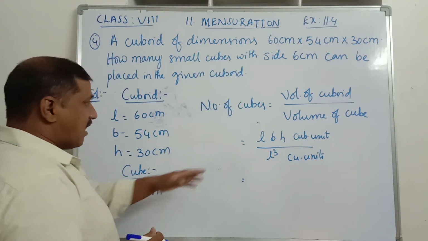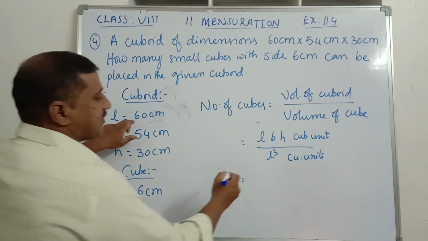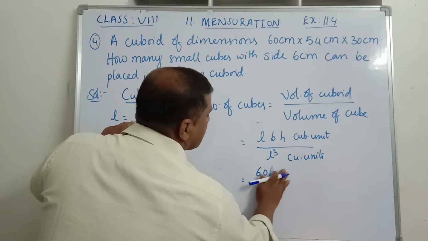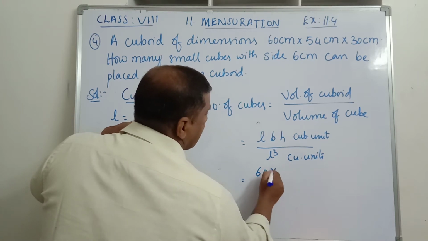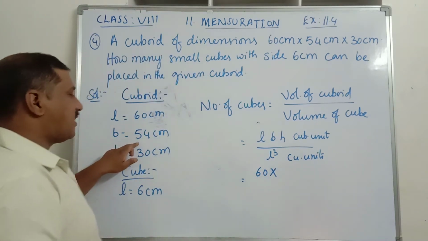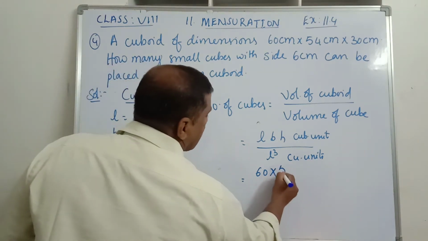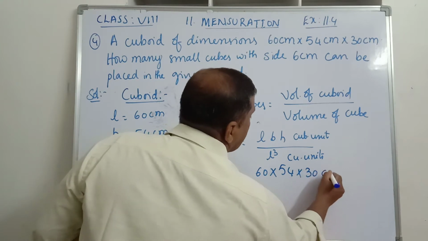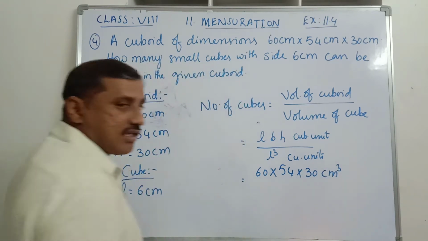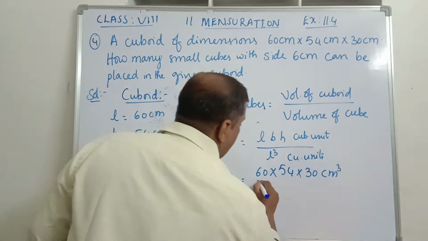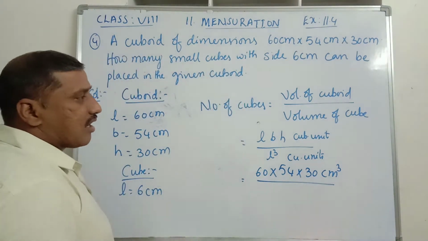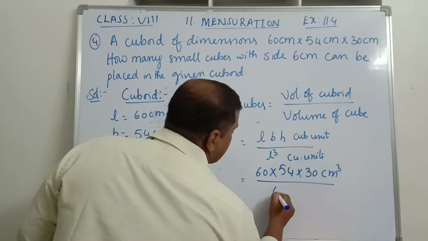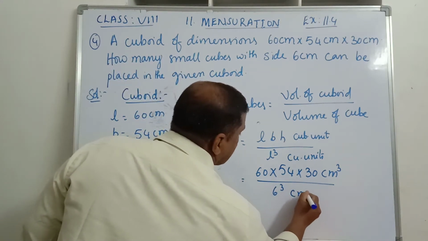Now substitute those values. Length of the cuboid is 60 centimeters into the breadth 54 centimeters into the height 30 centimeters, cubic units or centimeters cube, divided by the volume of the cube, L cube, where length is 6 centimeters, that is 6 cubic centimeters.